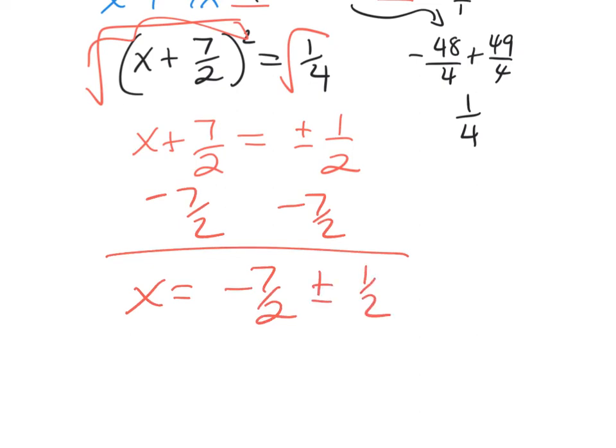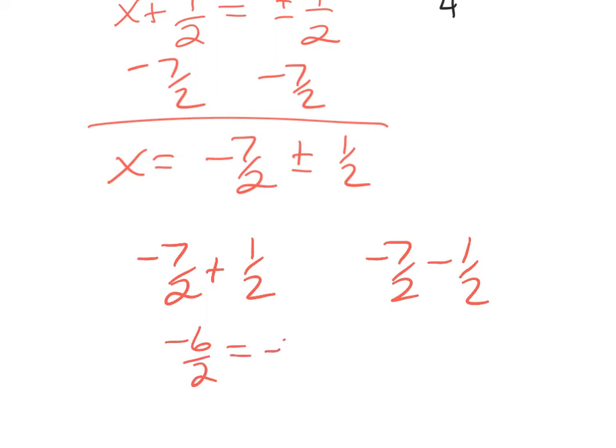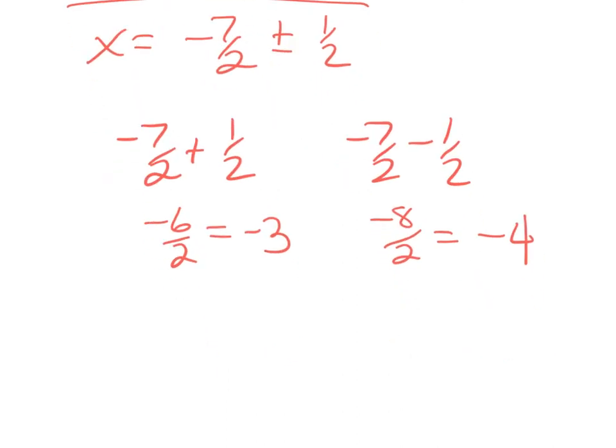Notice the radical disappeared, so I actually have to figure this out. Negative 7/2 plus 1/2 and negative 7/2 minus 1/2. Negative 6 over 2 is negative 3. Negative 8 over 2 is negative 4. Your two answers are x equals negative 3, x equals negative 4.